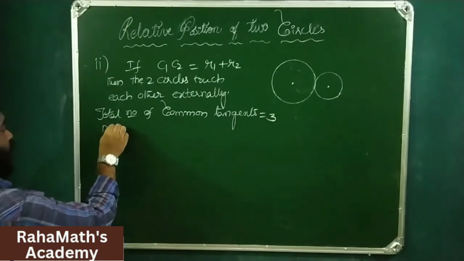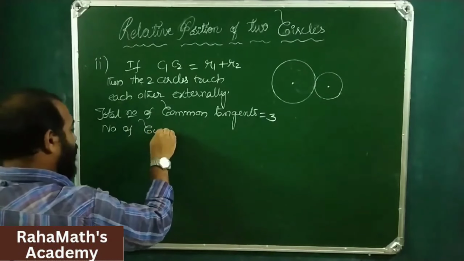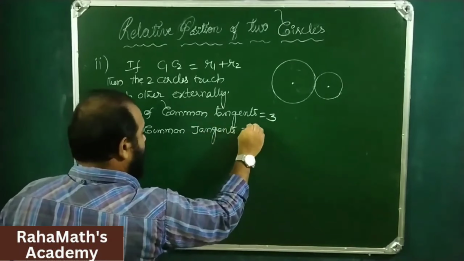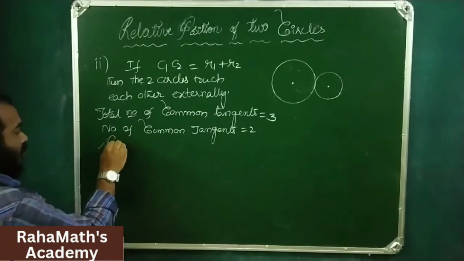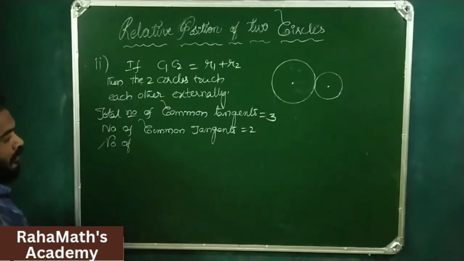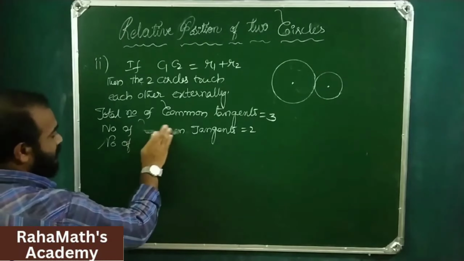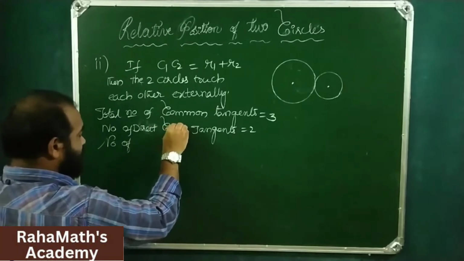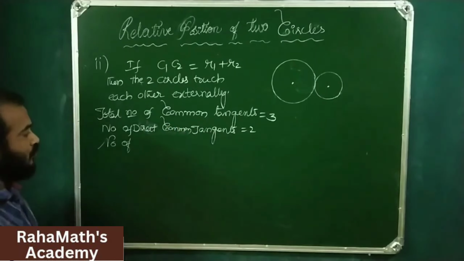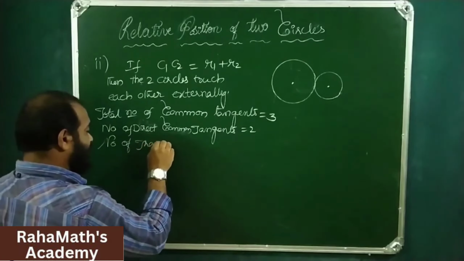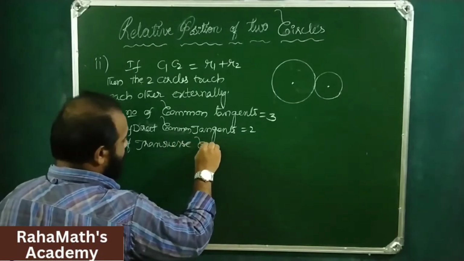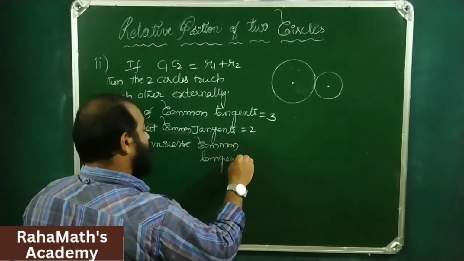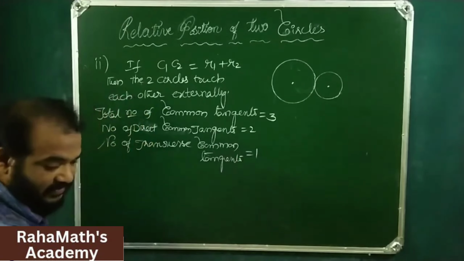So direct common tangents is equal to 2, while the number of transverse common tangents is equal to 1. How? Let us see this.